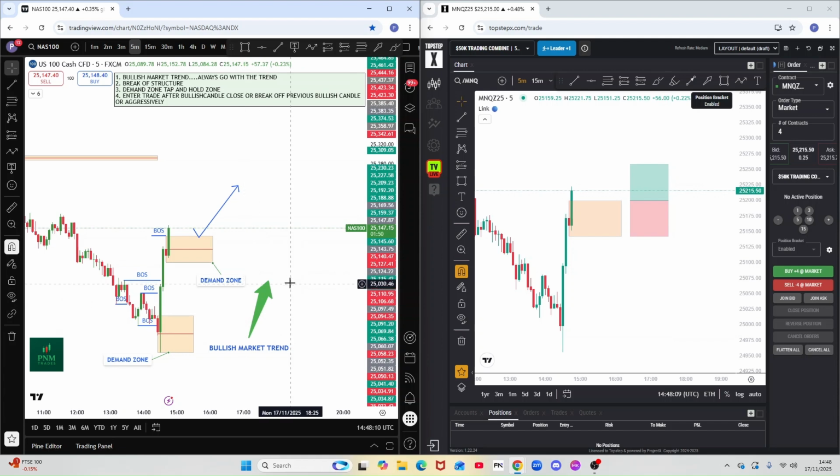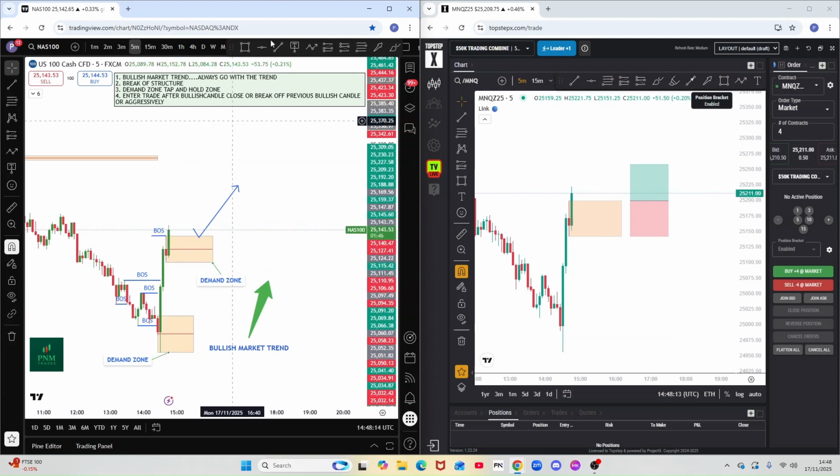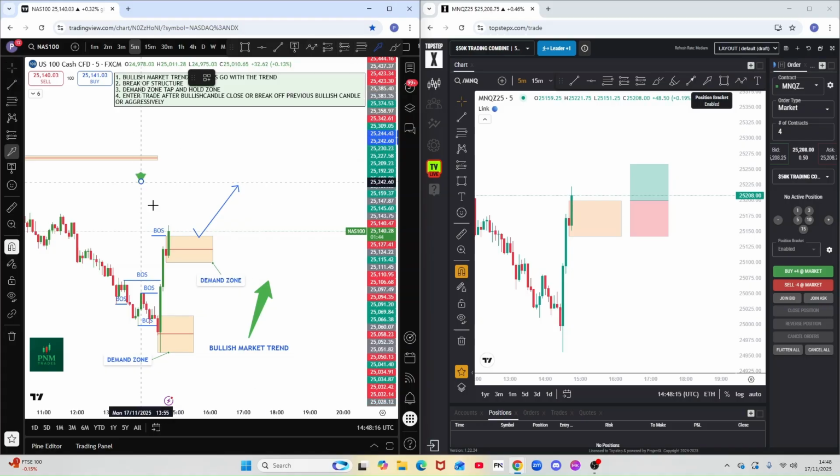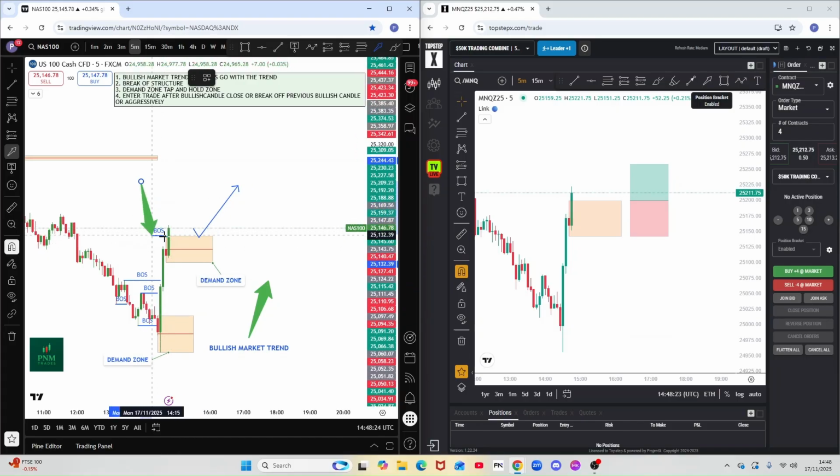Let's see. It's a good break of structure, which is just in between there. In between, right there. But I've just put it on the side just to have a clean illustration.